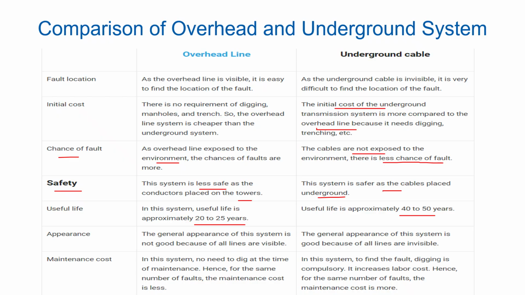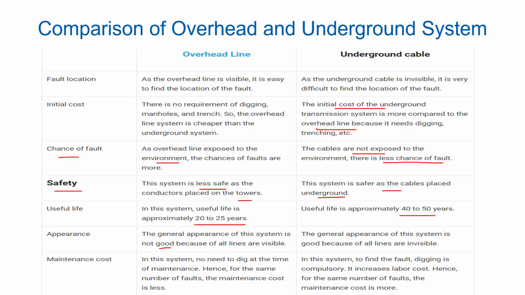From the point of view of appearance, the general appearance of the overhead system is not good, because there will be conductors everywhere and it gives a very untidy look. The underground system is not even visible to our bare eyes, so from the point of view of appearance, it is good.